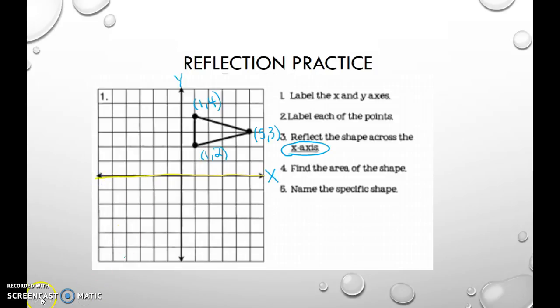Which means when I'm going to reflect this, I can go ahead and count from one of my original points. I would be going down 1, 2 to get to my x-axis, so I want to continue 1, 2 in the opposite direction to get my point. From here, I'd be going down 1, 2, 3 to get to the x-axis, so again, I want to continue 1, 2, 3.